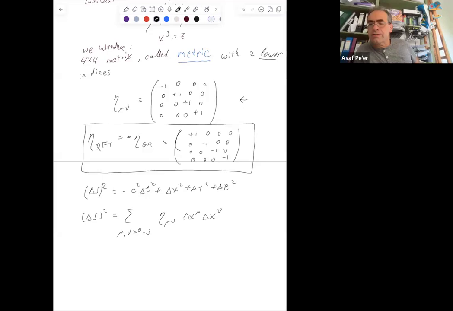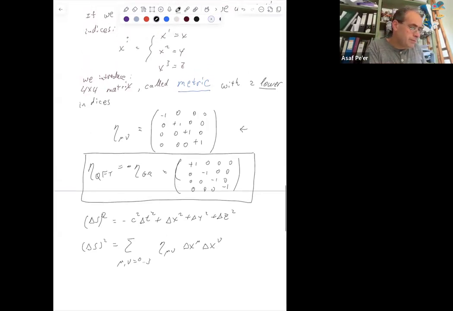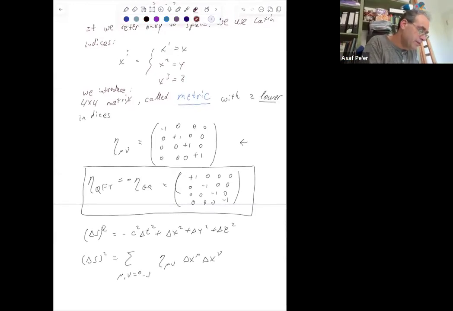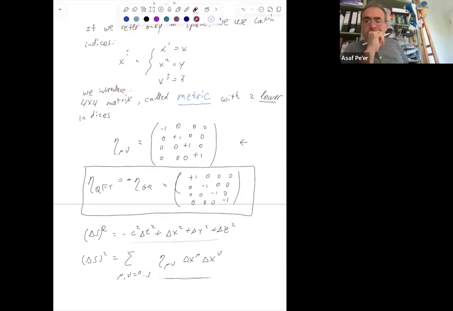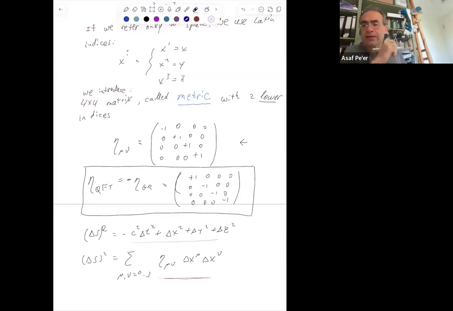Okay, take a few seconds and realize that what is written here is exactly what is written here. Now is that clear to everybody?